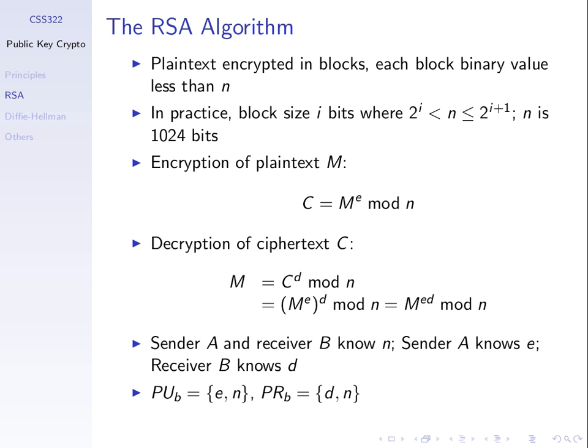If ed equals the totient of n plus 1, then our RSA algorithm will work, because we take our original m, encrypt, decrypt, and get an m out which is the same as the original m. And that tells us how to generate our public-private key pair.